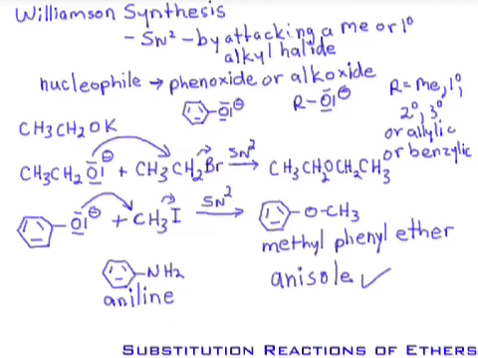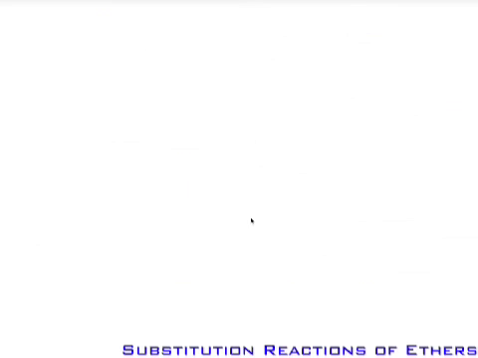Their reactivity is very limited. And there is only one reaction I'm going to give you that ethers follow. Okay? And we're going to look initially at 3 reaction examples and then look at the mechanism.